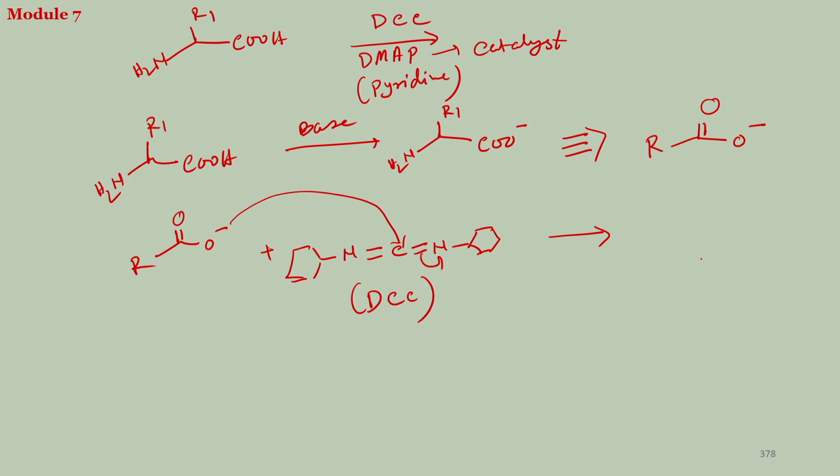So, what you have now is C, O, COR, here you have N and the cyclohexane ring. Here you have this, that is one of the intermediates.